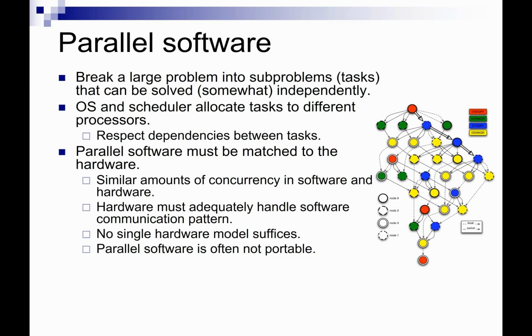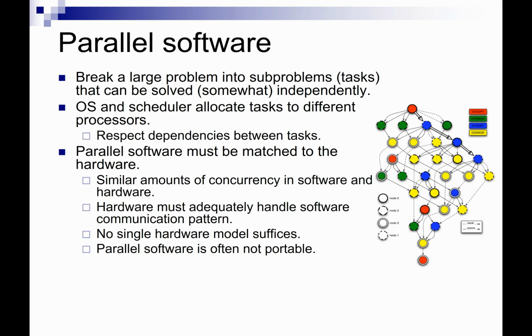Something else is that the hardware has to be able to support the communication pattern that the software requires. Different programs have different communication patterns. For example, some programs might be quite simple, and you could arrange the tasks on a line, and then each task only needs to communicate with 2 other tasks, its neighbors on the line.